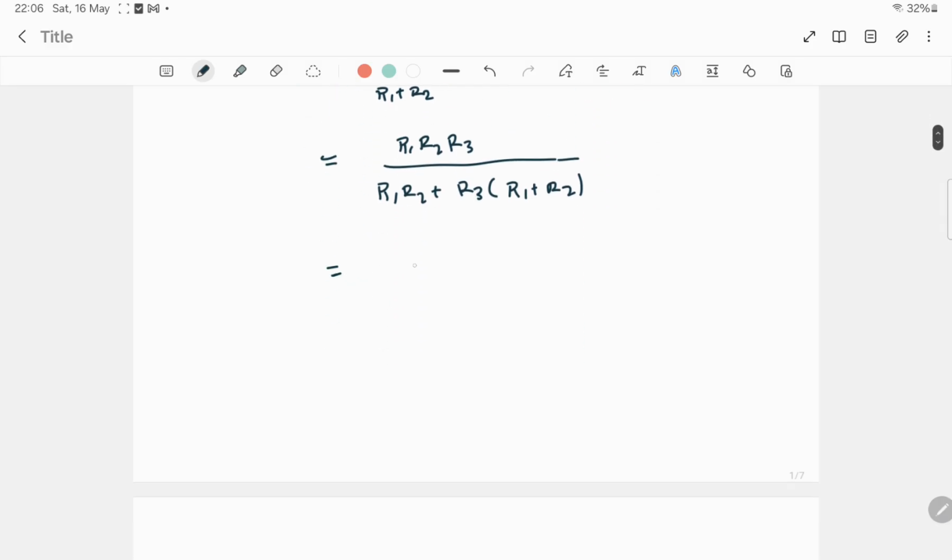And we can expand this, which reads as R1 R2 R3, the product in the numerator of the three values of the resistors, over R1 R2 plus R2 R3 plus R1 R3.